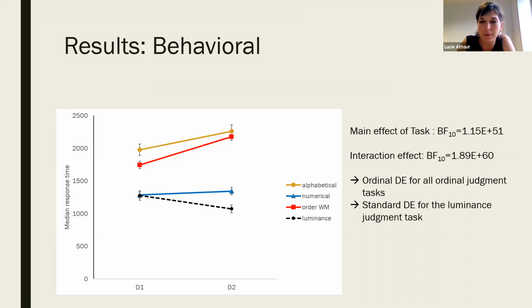At the behavioral level, we observed a main effect of task, with faster response times for the numerical and the luminance judgment tasks in comparison to the working memory and alphabetical tasks.